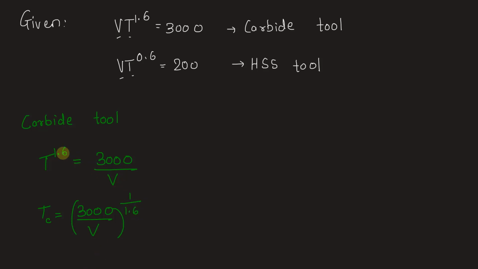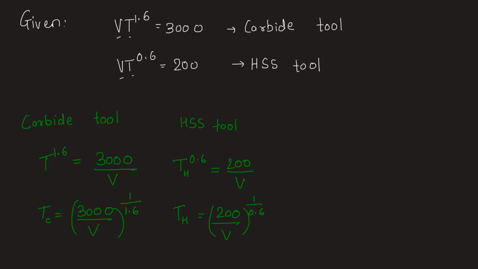Because we are taking the power 1 upon 1.6 on both sides, the power on the left hand side becomes 1, while on the right hand side it is 1 by 1.6. Let's write it for HSS tool in a similar manner. We have life of HSS tool, TH^0.6 = 200 upon V. So we can write TH = (200 upon V)^(1 by 0.6).